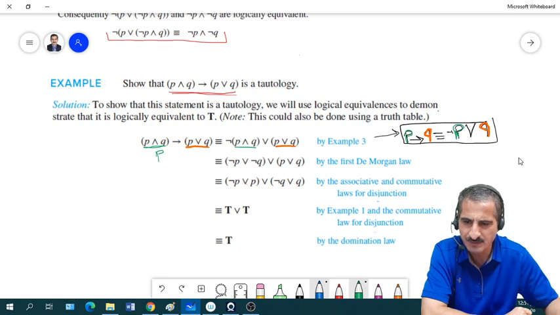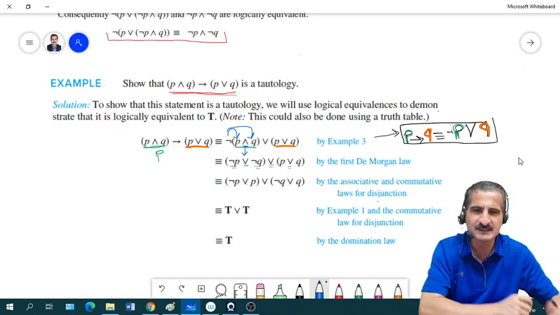Now what we do, we use De Morgan's law. So we will make distribution. We will distribute this negation here and negation here, but this will be changed from and to or. So we have not P or not Q. So now we have or.